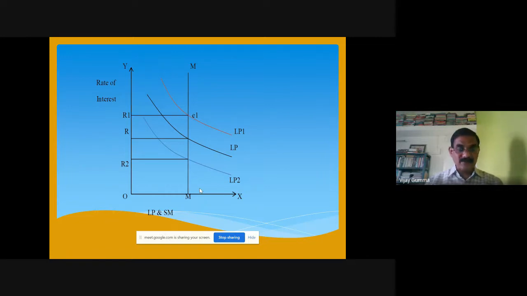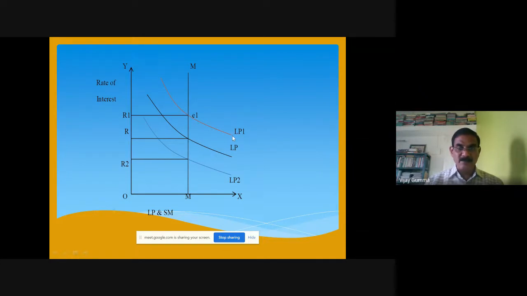See, while the supply of money remains constant as OM, the original demand for money curve, that is LP, intersects MM supply of money curve at this point. At this equilibrium point, the equilibrium rate of interest is determined as OR. When the liquidity preference of the people increases, the original demand for money curve LP shifts upward to the right as LP1.